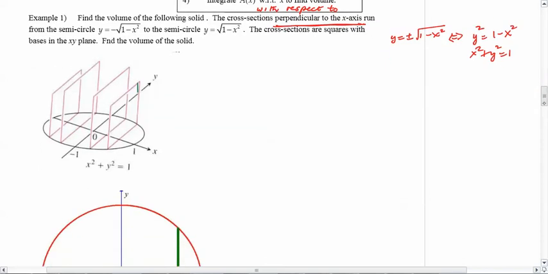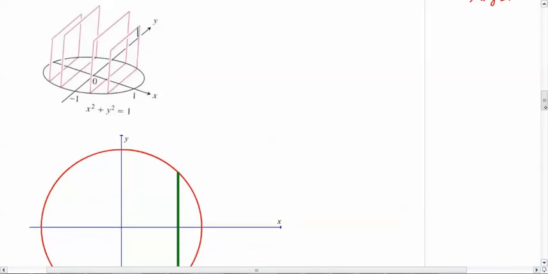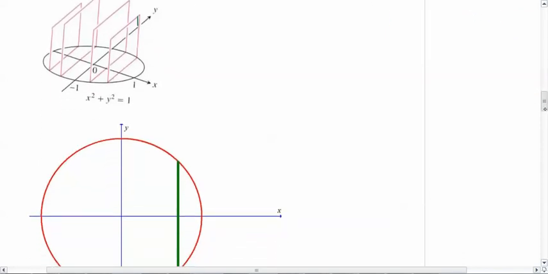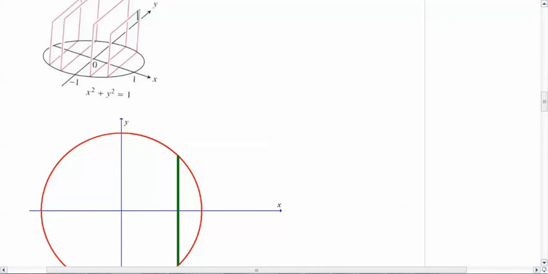And if I write it like that, you immediately recognize that as a circle, center at the origin, radius 1. Now you'll notice there are two diagrams for this, because one of them is trying to give a 3D picture of what's going on, and the other is just looking down on what we call the XY plane. Here, I'll just quickly look at the lower diagram. It's the whole circle, x squared plus y squared is 1. The top graph is y is the positive root of 1 minus x squared.